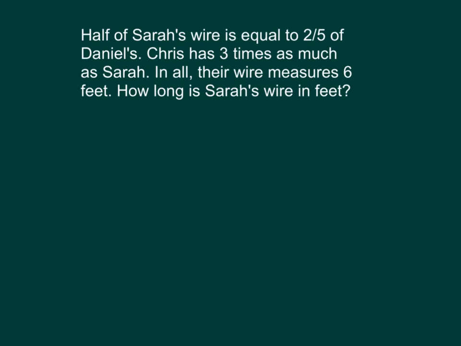Half of Sarah's wire is equal to 2/5 of Daniel's. Chris has 3 times as much as Sarah. In all, their wire measures 6 feet. How long is Sarah's wire in feet? So let's draw a diagram to be able to illustrate this problem.